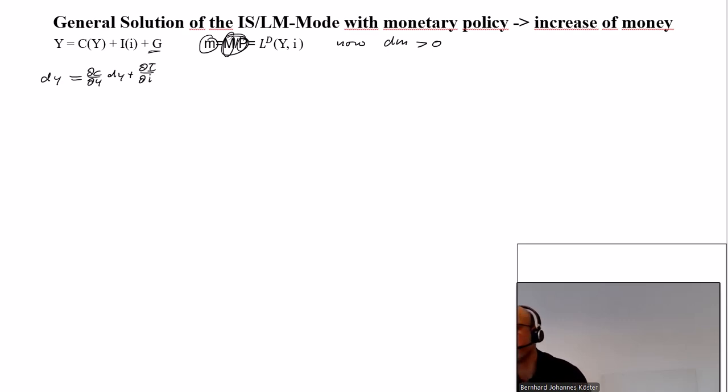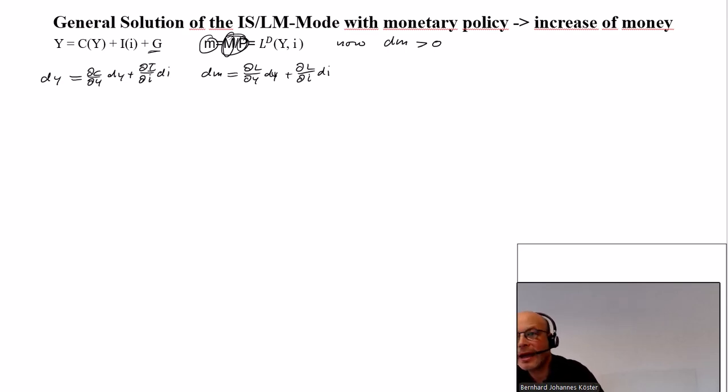This should be fixed, so no change. And here we have now dm equals dL/dY dy plus dL/di di.